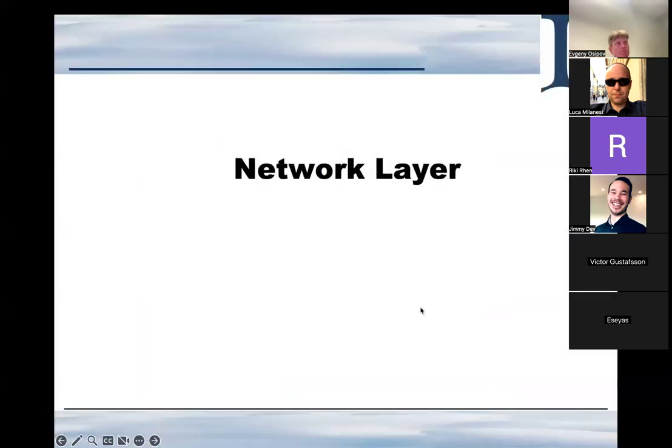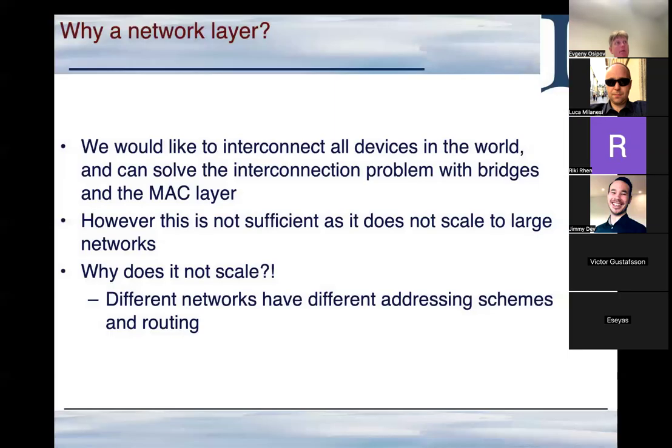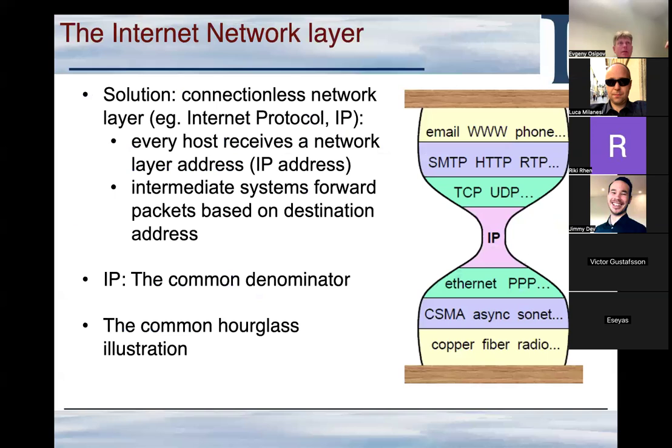Okay, moving on. Network layer. Here we have, again, the idea is very simple. We want to join multiple islands of local area networks. And to do this, we need a common denominator because link layer technologies are different. They can be Ethernet, they can be token ring, less popular, but there can be many.